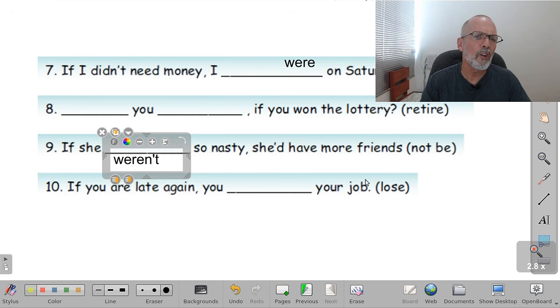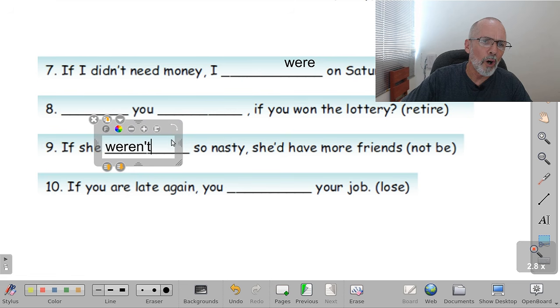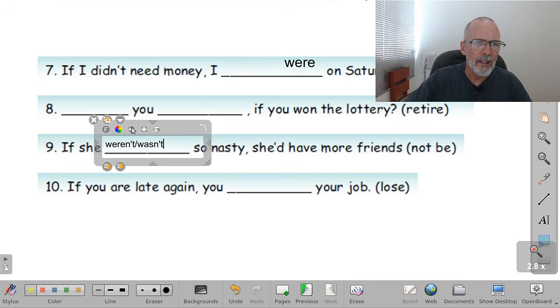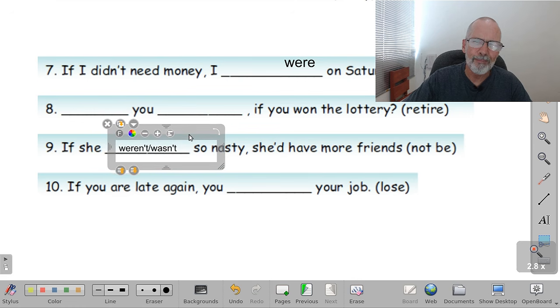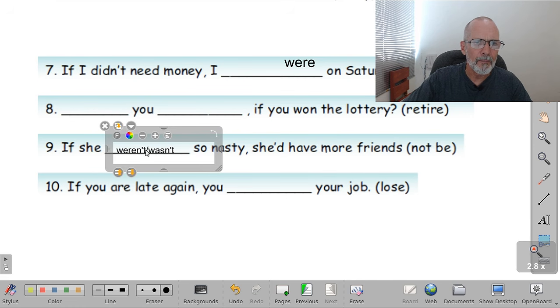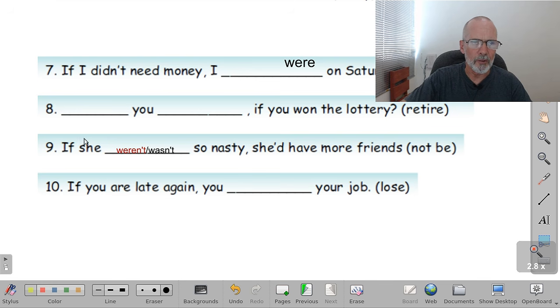As I said before, usually a lot of native speakers use was in these. So I guess it's okay. Both are correct, but weren't is more formal really. I think it sounds a little bit better to say the first one, but a lot of native speakers now use the second form.